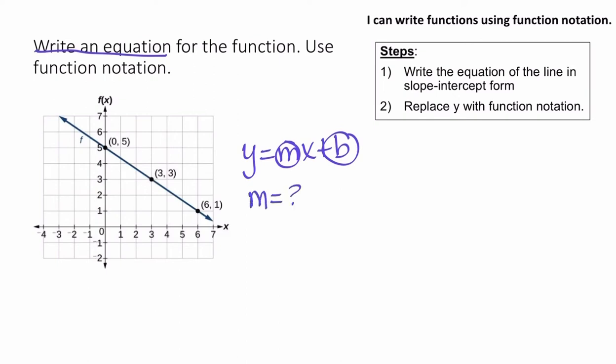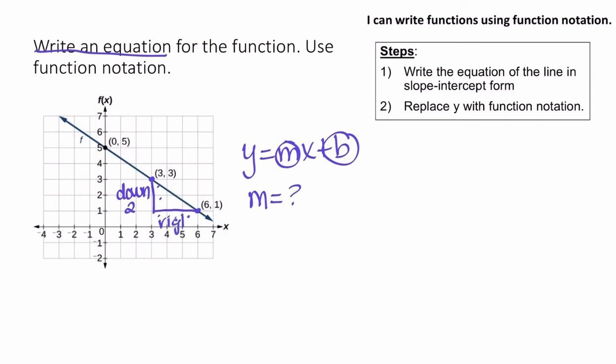To figure out the value of m, you need 2 points to figure out the slope of a line. My graph here has 3 points labeled, but you can pick any 2 of them that you would like. So I'm going to pick these 2: (3, 3) and (6, 1). And then I'm going to draw my path going from left to right between these 2 points. From (3, 3), I go down 2, and then I go right 3.